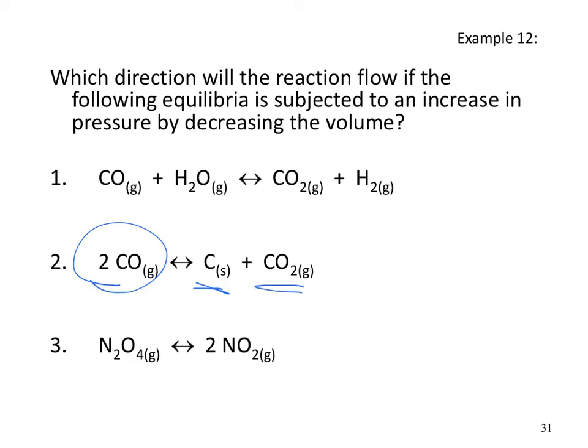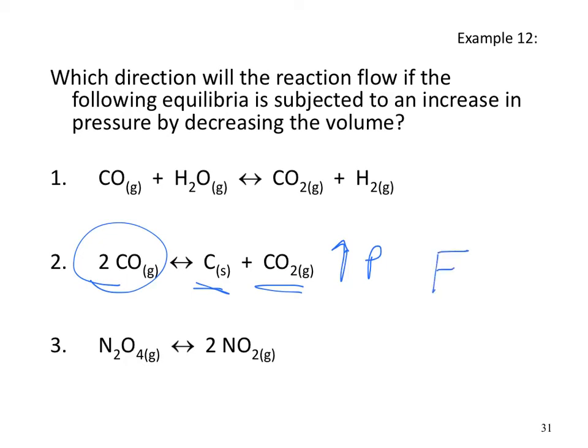So now if you are increasing pressure, that means the equilibrium will move in the direction to undo this effect, and that means it will be in a direction where you have fewer moles, in other words, the forward direction.